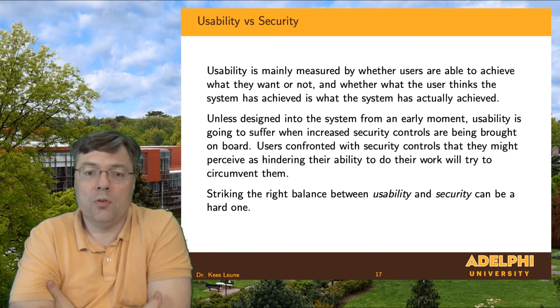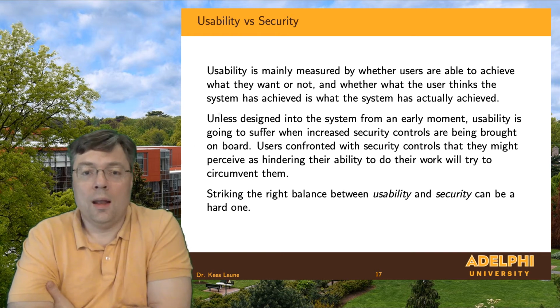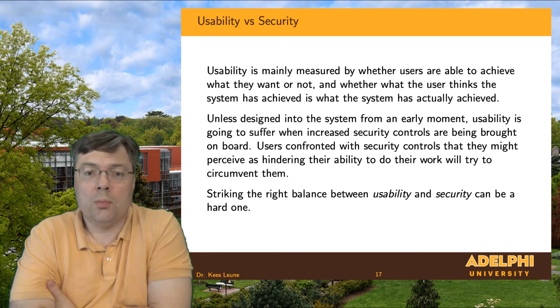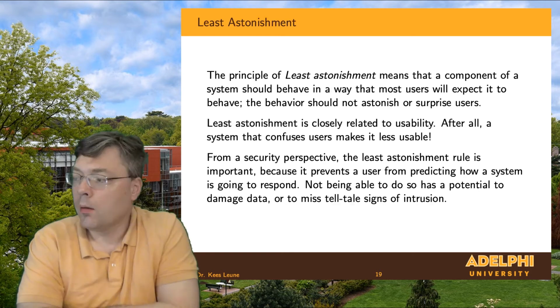And at that point what you're defending is a system that seems to be secure but really isn't. So when implementing these security controls that affect usability, always be very careful to make sure that you're not putting barriers in someone's way that will lead to them trying to bypass those barriers in the first place.